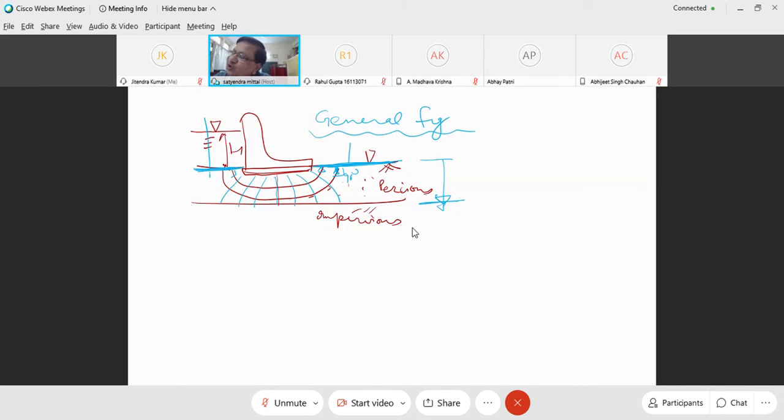What I generally suggest to my students is that, let us say this is a dam, firstly you just draw small lines at equal distance at 90 degree. Then you draw the flow net by joining these small lines.